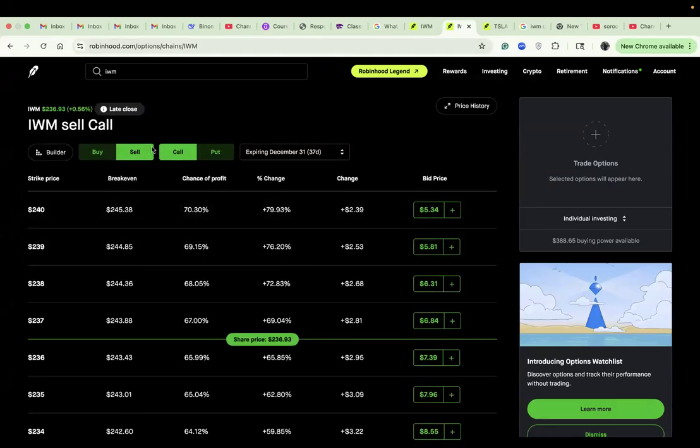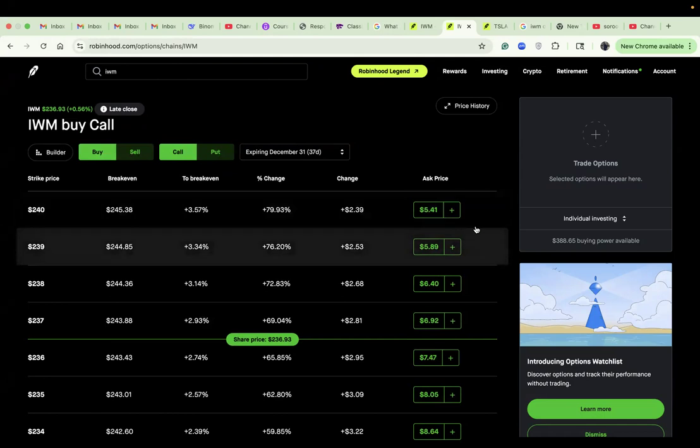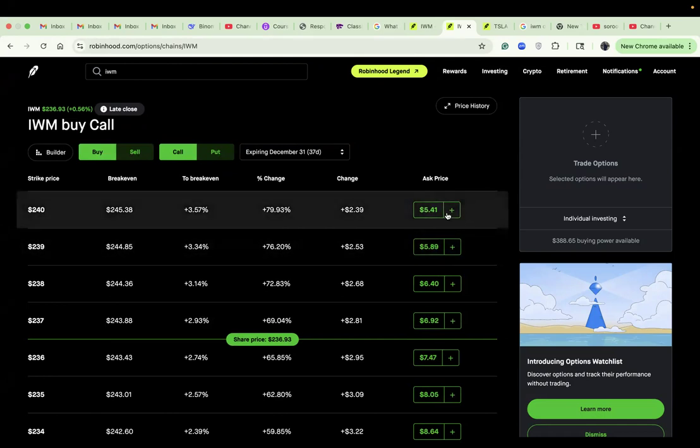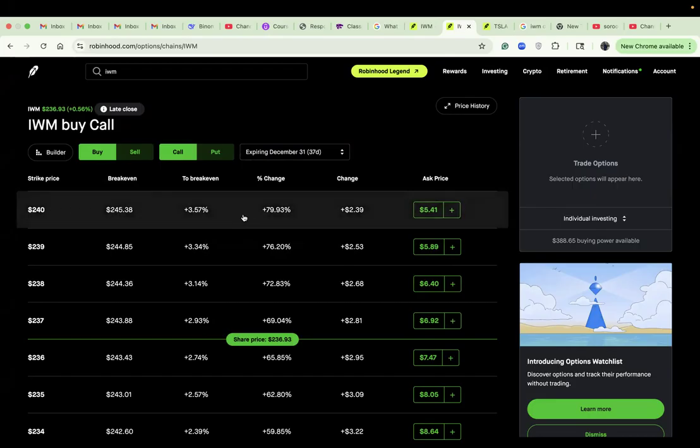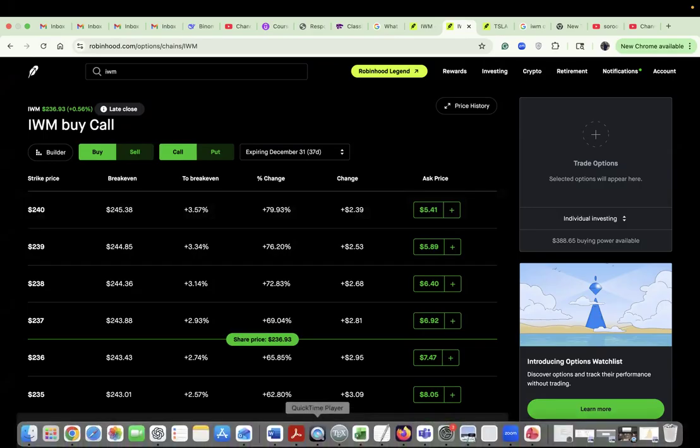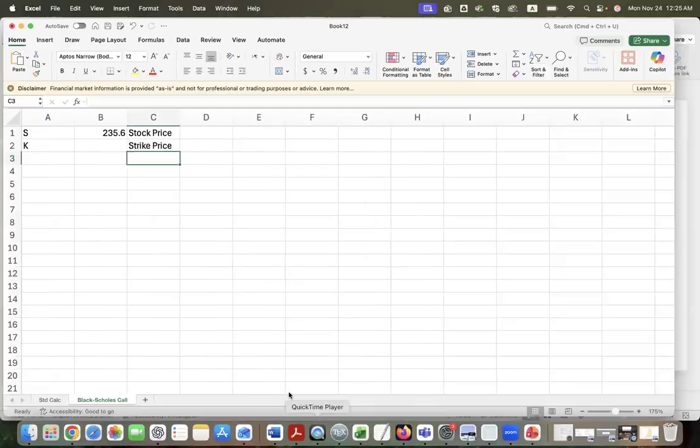It's 534, 541. The spread is not that much. Let's say I want to do December 31st of 2025, and then I want a strike price of 240. So strike is 240.